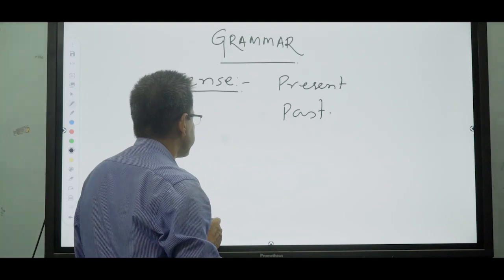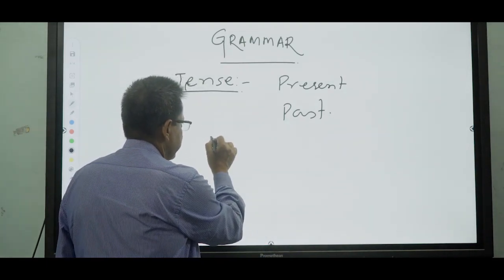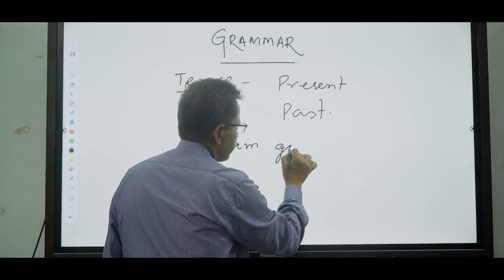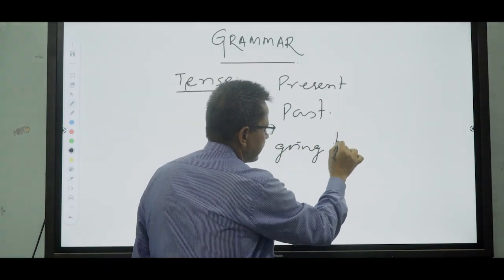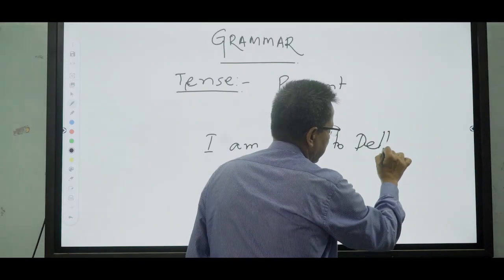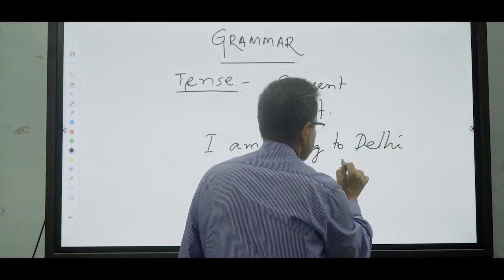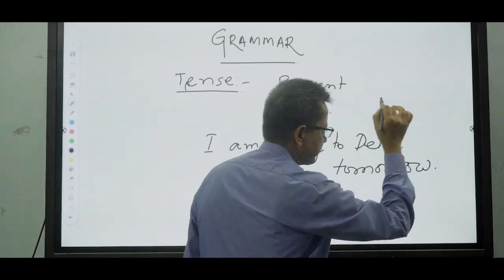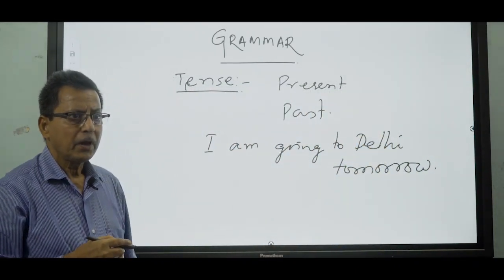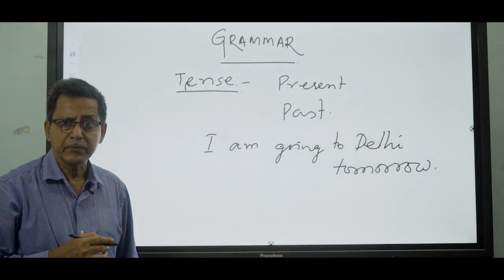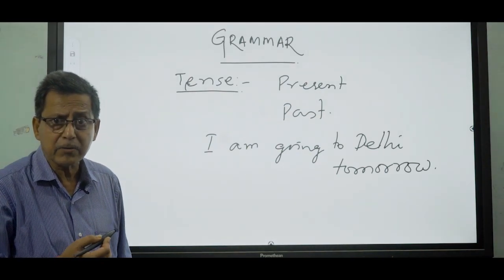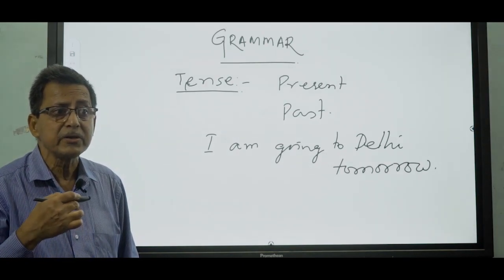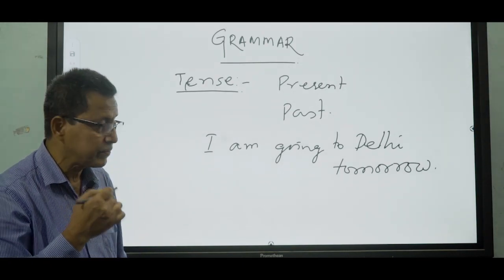Why? I tell you. Look at this sentence. I am going to Delhi tomorrow. Now, what is this sentence? What does this sentence tell us about? It tells us about a future action that is going to take place.